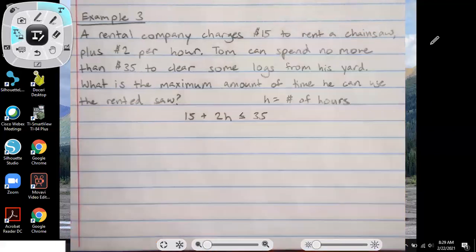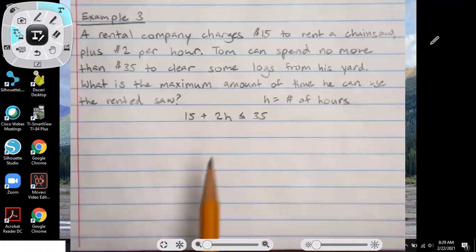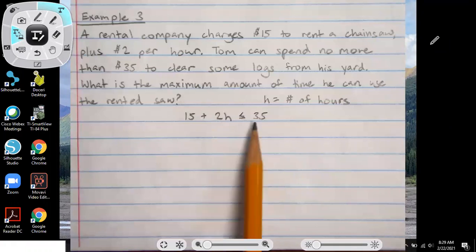Because he can spend no more than $35, which means he can spend less than $35 or he can spend exactly $35, but not more than that. So what he's going to spend, the 15 plus 2h, has to be less than or equal to 35. And if we solve this inequality, that's going to tell us the number of hours that he can use the rented saw for the $35 that he doesn't want to spend over.